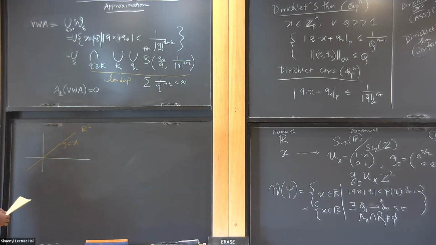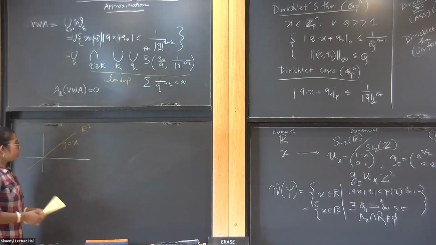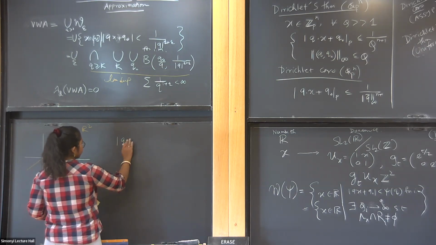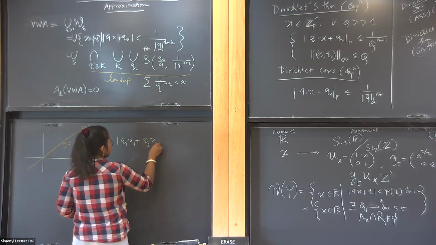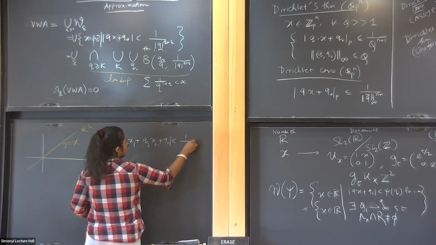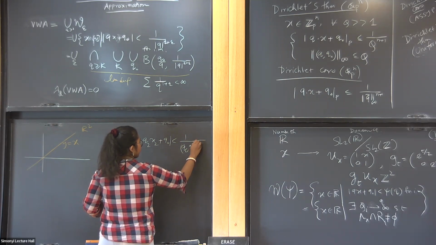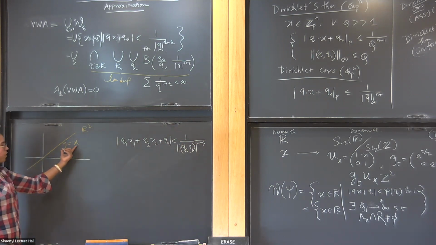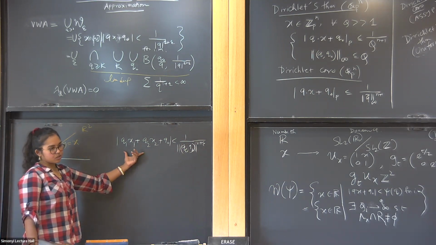Then you can show that any point here is very well approximable, because the definition involves q x1, x2, plus q naught being small for infinitely many q. But if the coordinates depend on each other in a rational way, then you can always make this become 0.